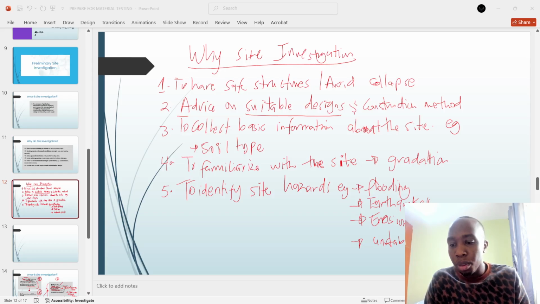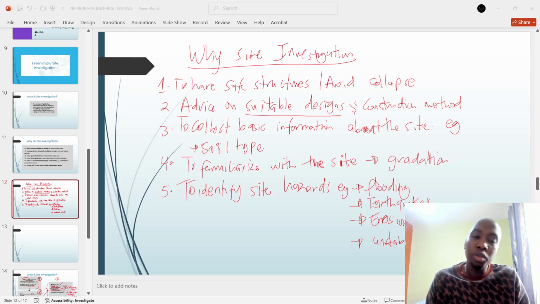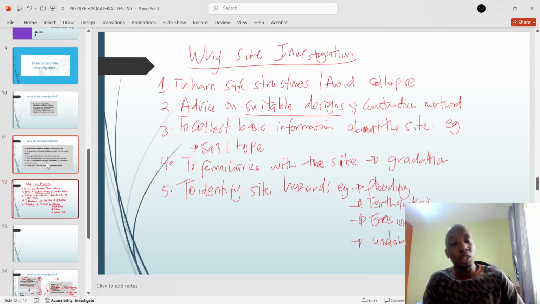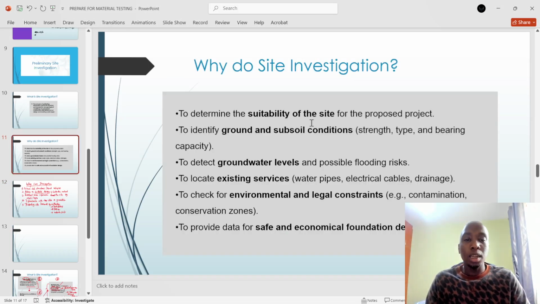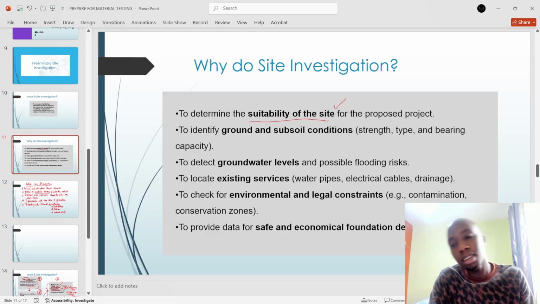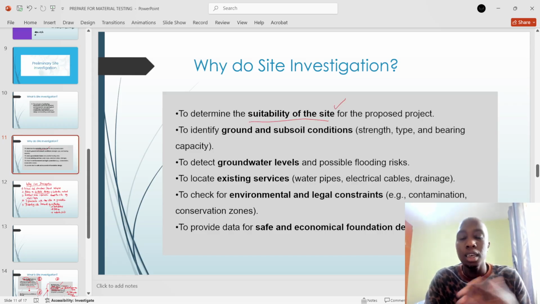Okay. So yeah, all those points that you've given are important points. And let's have a look just to put it into context, because all these points are very good points. So we have said that number 1 is to determine the suitability of the site. Suitability, exactly.